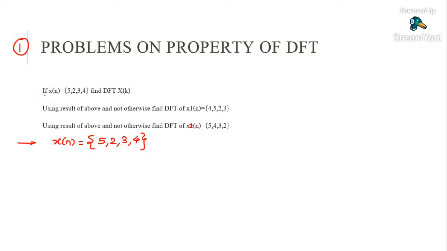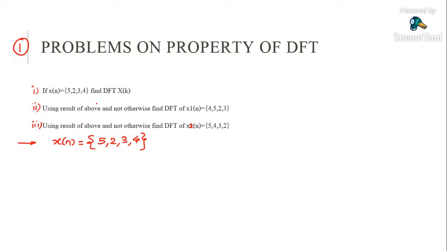The first part of this problem is to calculate the DFT of it, and in the first part you must calculate it using the matrix method. In the second and third parts of the problem, you have to use the result of the first one.